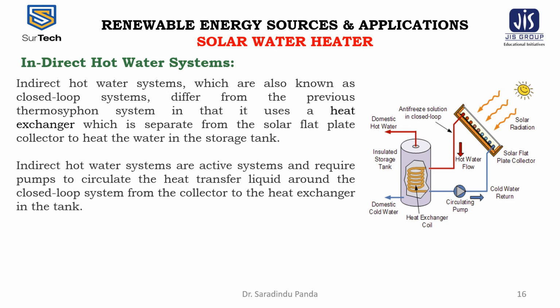Indirect hot water systems are active systems and require pumps to circulate the heat transfer liquid around the closed loop system from the collector to the heat exchanger in the tank.